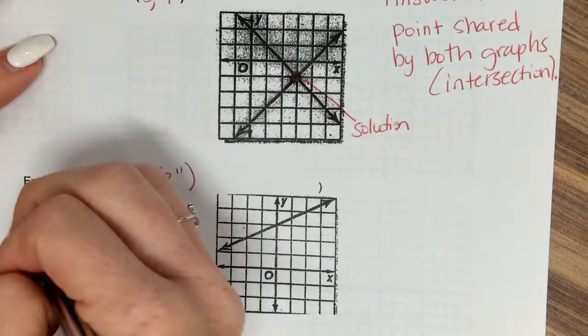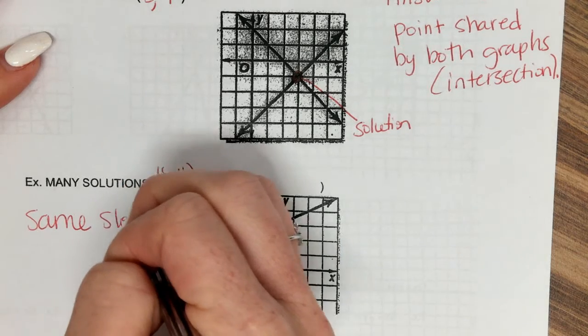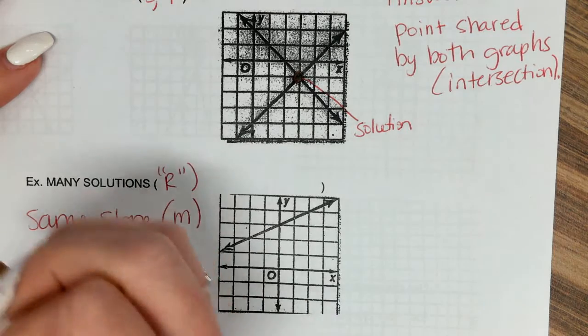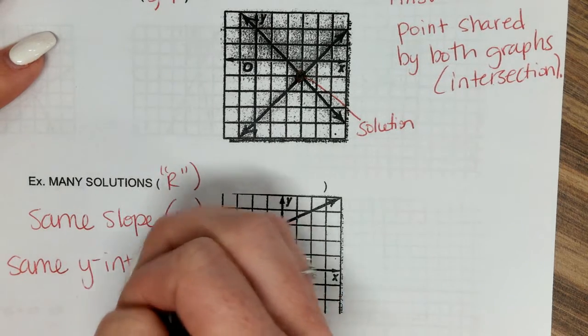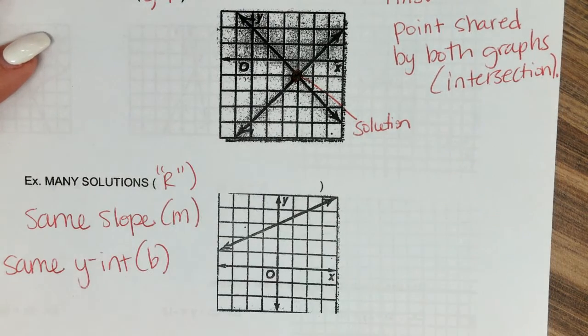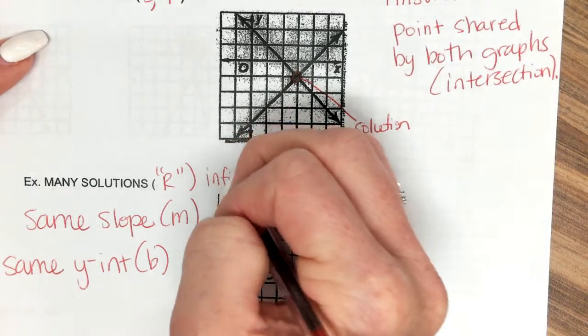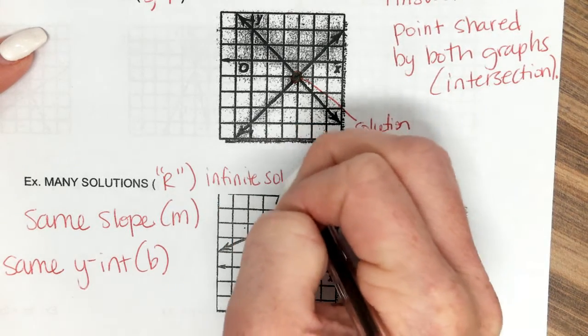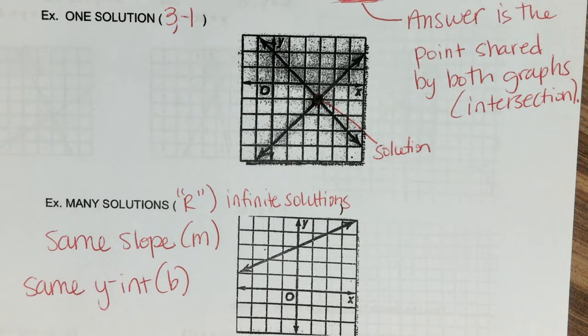They have the same slope and they have the same y-intercept. So your answer could be all real numbers. It could be infinite solutions. There are different ways you can word that, so just know that you could answer it pretty much like any of those.